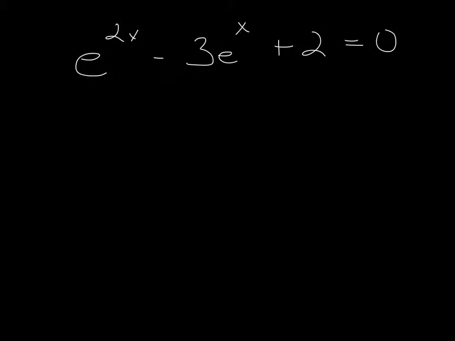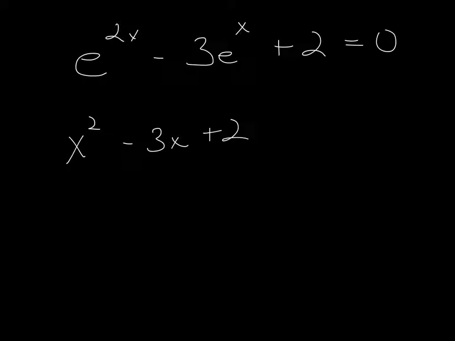This problem is really in quadratic form. Remember, if we had x squared minus 3x plus 2, that equation is in the same form as e to the 2x minus 3e to the x plus 2.